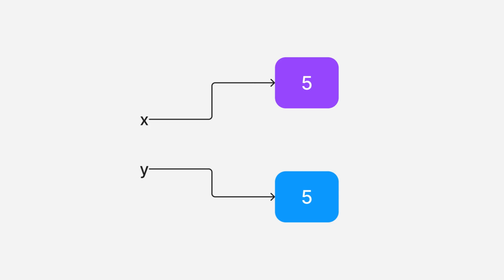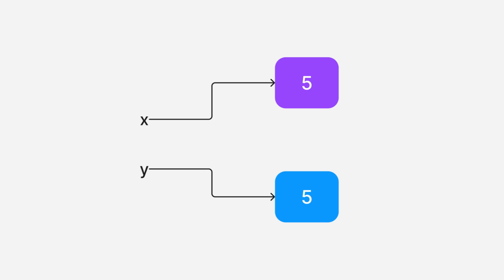If we have a look at this diagram here, it represents being passed by value. In the case of primitive data types, x and y will both have their own copy of data. When JavaScript passes primitive data types, it passes by value.